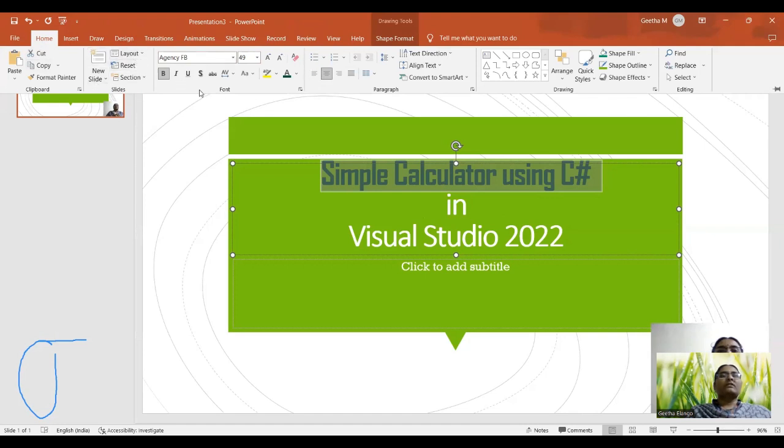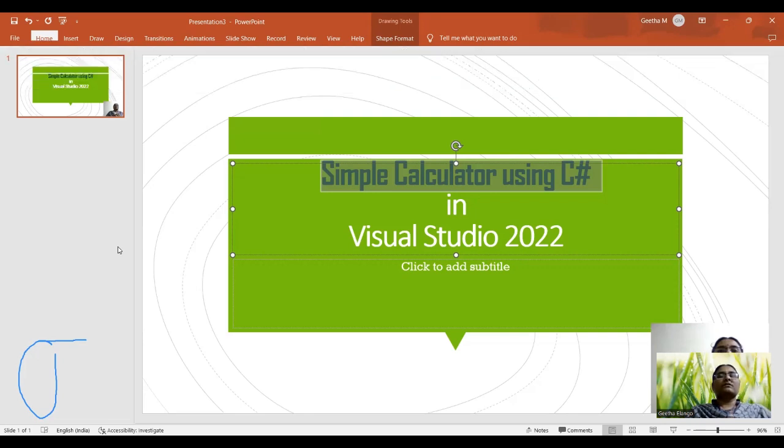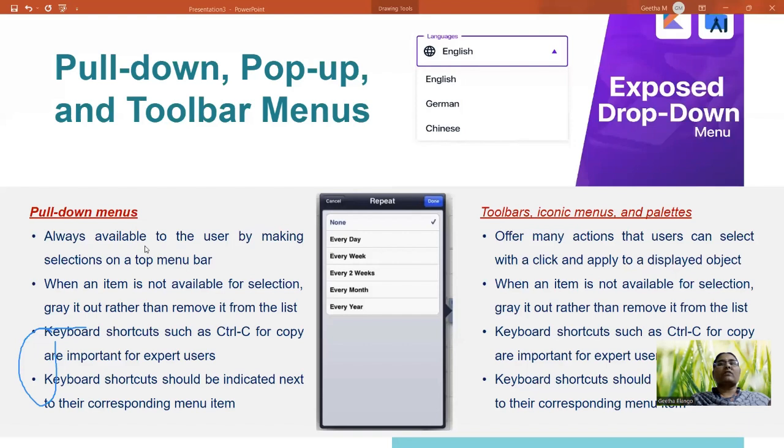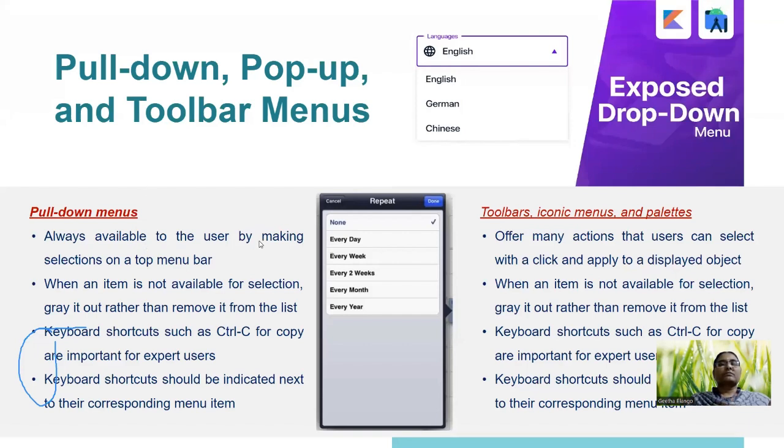Here I have a set of toolbars to edit the fonts, another set of toolbars to modify the paragraphs, and to assist users in drawing, I have another toolbar called drawing. Like that, we can create a user interface consisting of toolbar menus. Any application interface will be a combination of these kinds of menus.